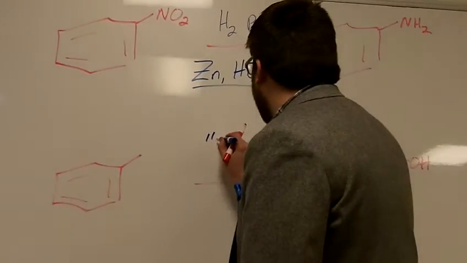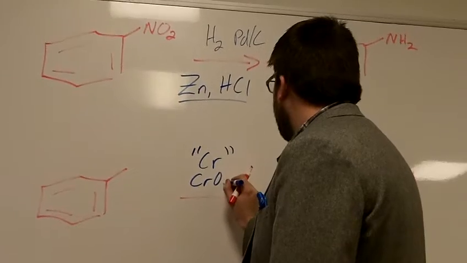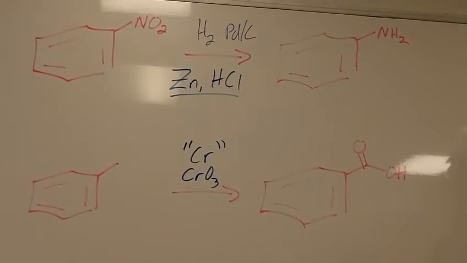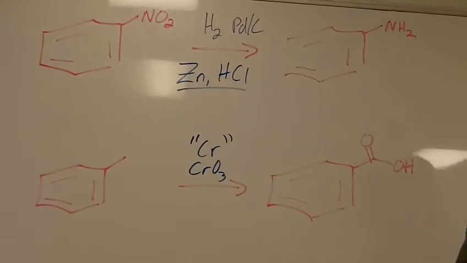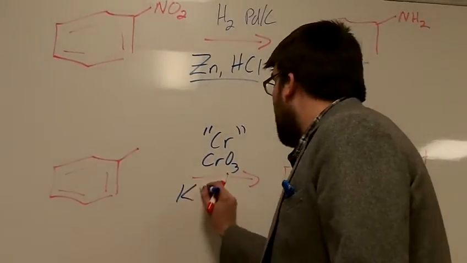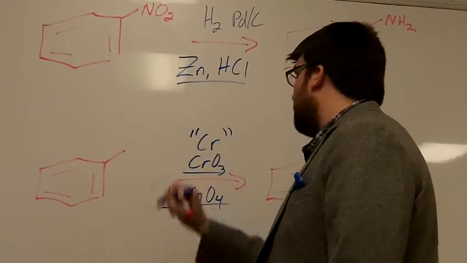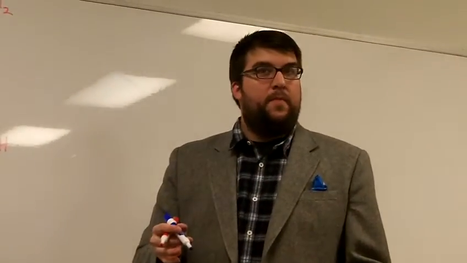Chromium is one type of reagent we could use. Any type of chromium, so chromium oxide, CrO3, H2CrO4. Anything with chromium would work. Or KMnO4, the permanganate. Either one is an option. You don't have to have them both. Okay?